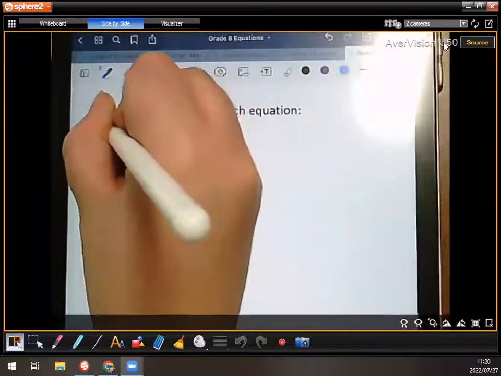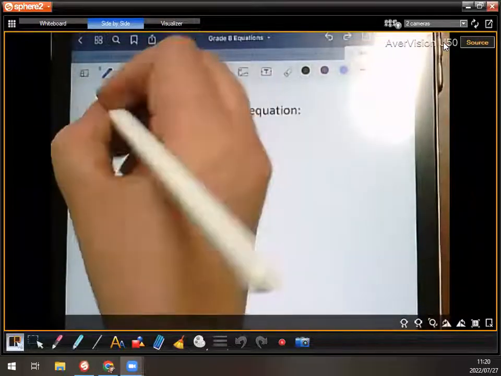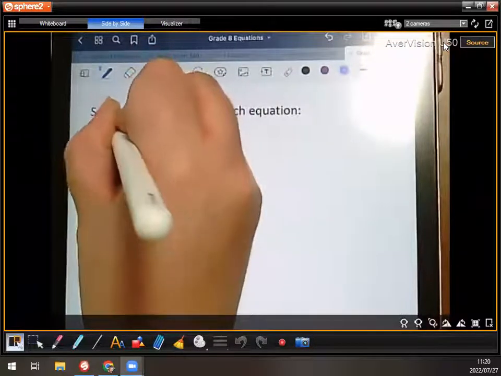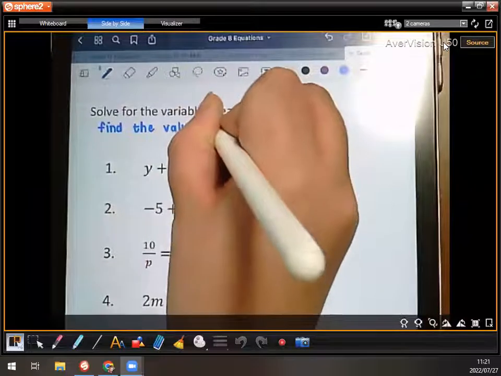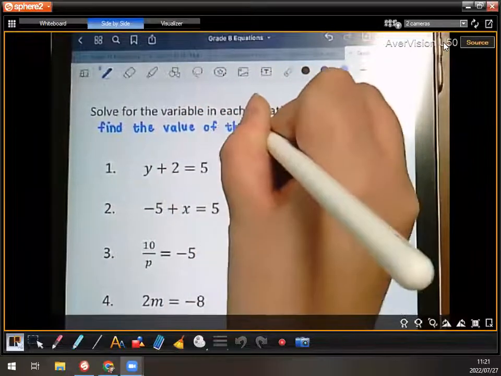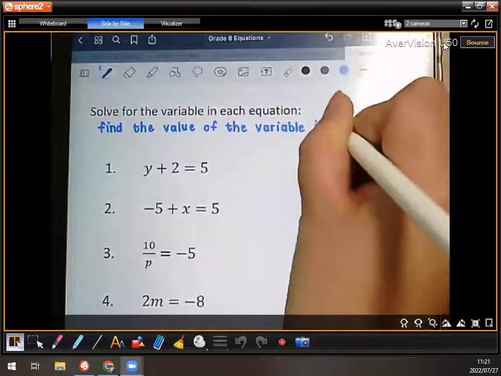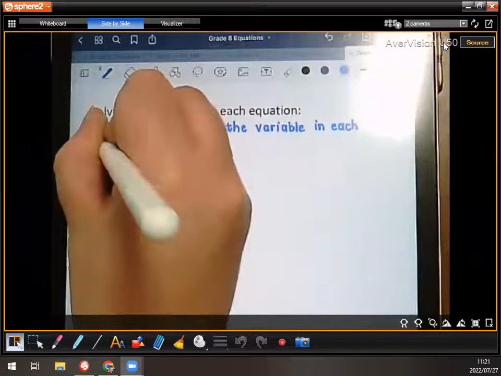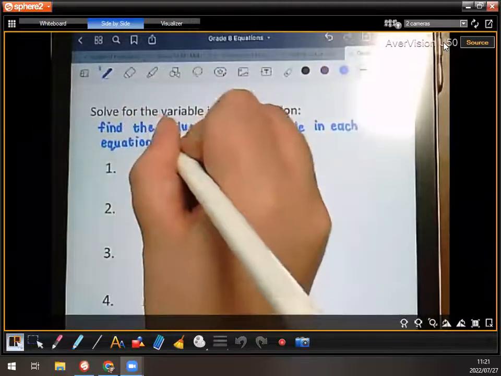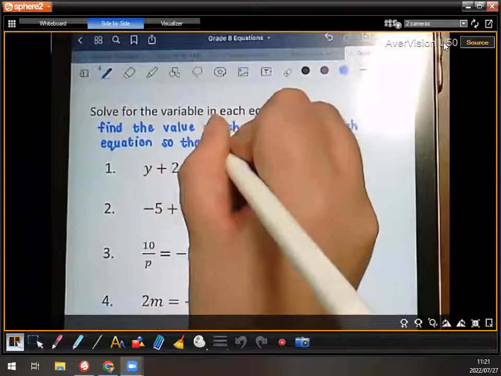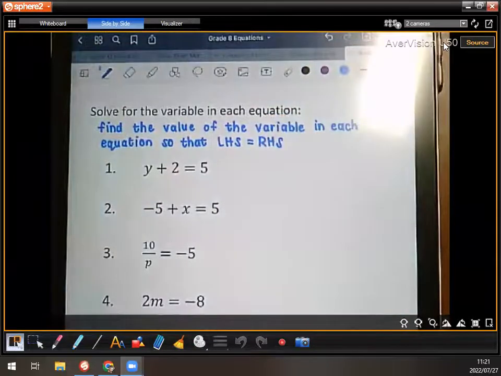We need to find, let me just see, is that here? That's right. Solve for the variable means find the value of the variable in each equation so that the left-hand side is equal to the right-hand side.